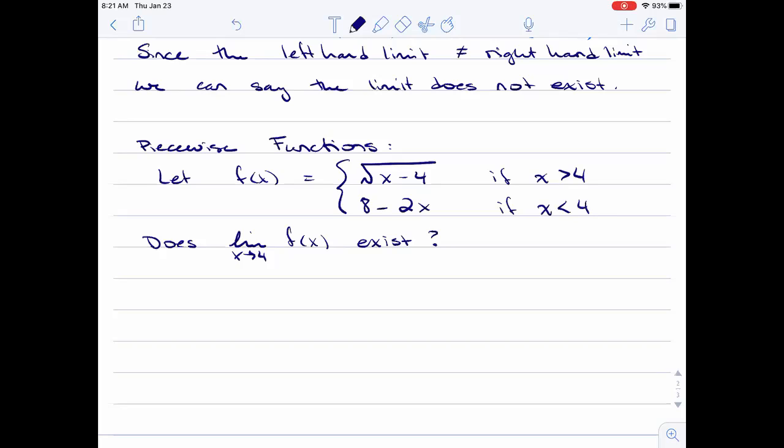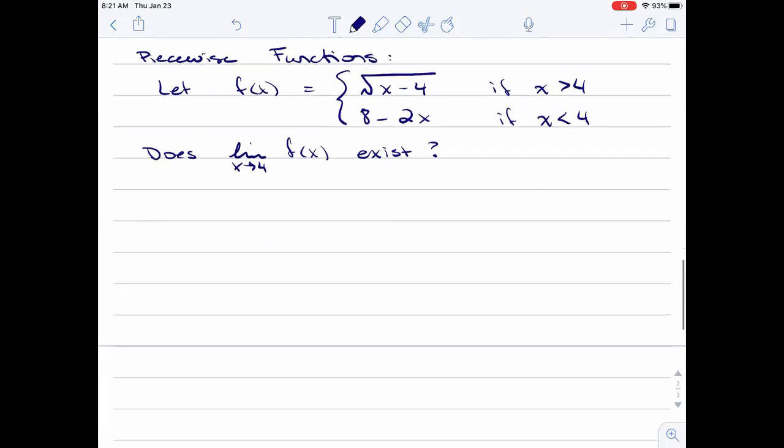Okay. So we want the limit as x goes to 4 from the left. I guess you could do the right first, it doesn't matter. The limit as x goes to 4 from the left of f of x is the limit as x goes to 4 from the left of 8 minus 2x.